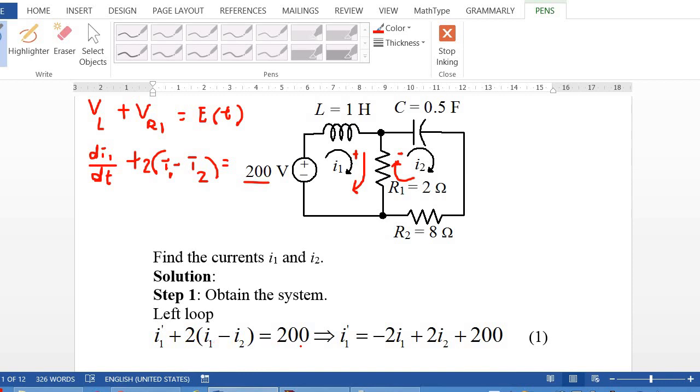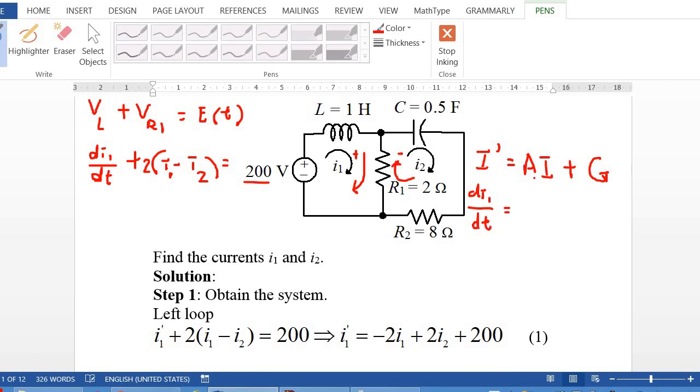Our purpose to derive the non-homogeneous system means we have I prime equal to A I plus a vector G, where I prime is actually dI1/dt.